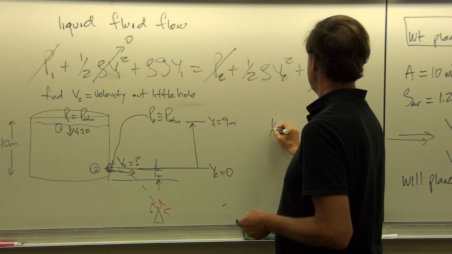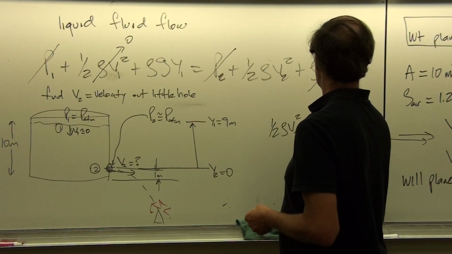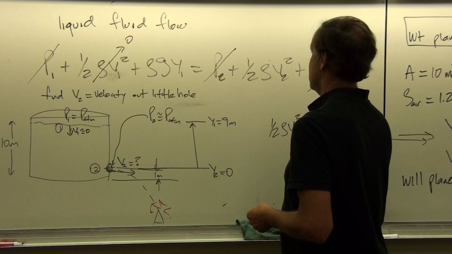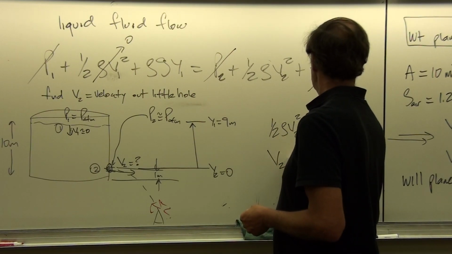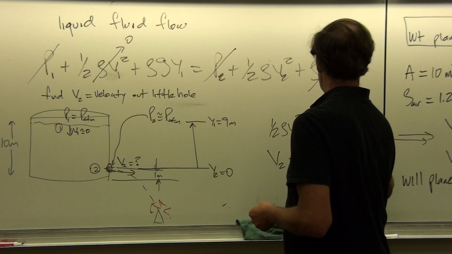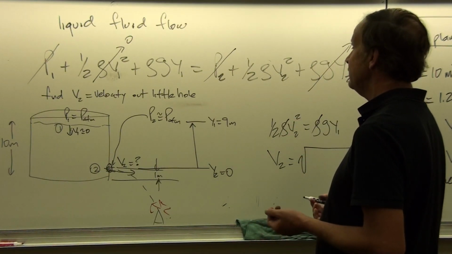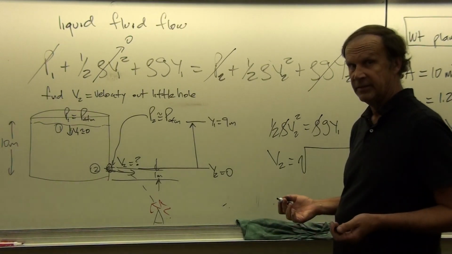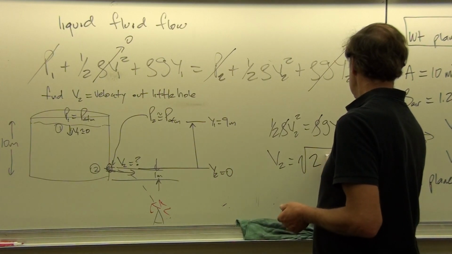We can say that 1/2 rho V2 squared equals rho g y1. Or V2 is equal to the square root, the rhos are going to cancel, so that means the velocity doesn't even depend on the density of the fluid. That's kind of interesting. Equal to 2gy.